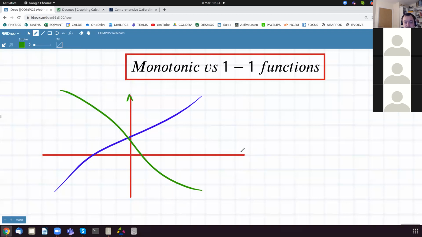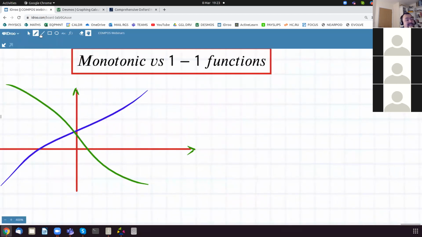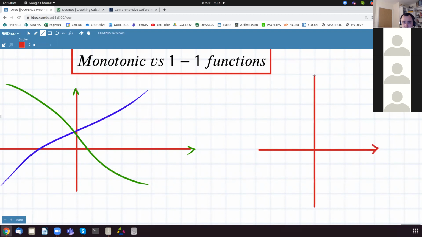However, if the function is not continuous, for example, a function like this, and like this.